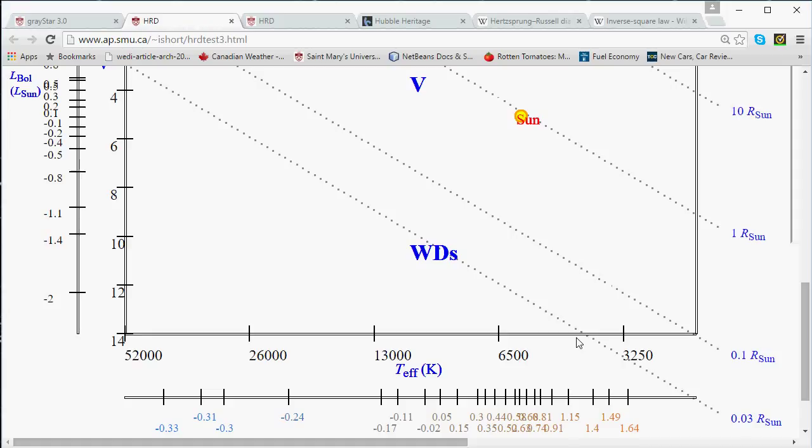A change of 1,000 Kelvin over here is a large relative change. On the other hand, over here on the left-hand side among the hot stars, a difference between two stars of 1,000 Kelvin is not very significant. That's a very small relative change. A star whose effective temperature is 27,000 Kelvin is going to be almost indistinguishable from a star of 26,000 Kelvin.